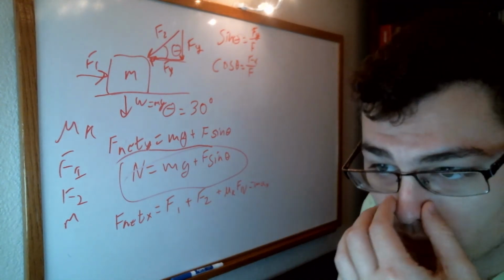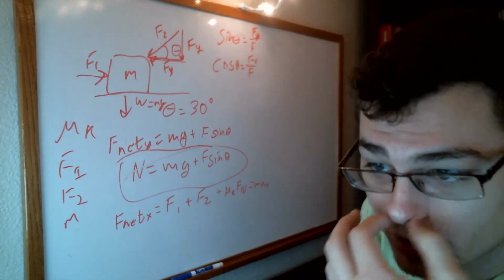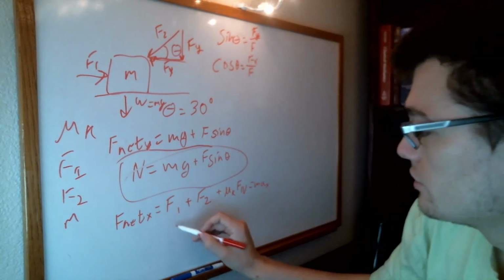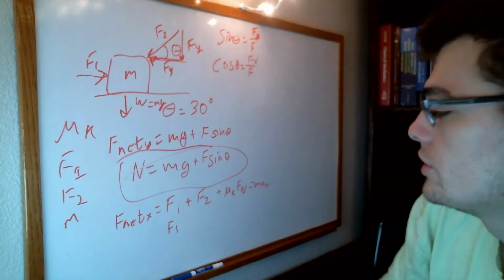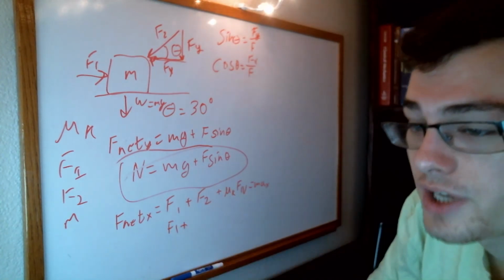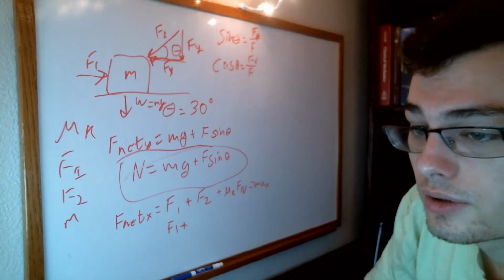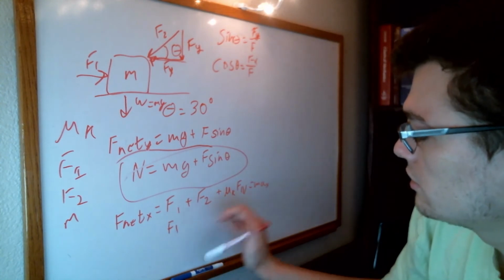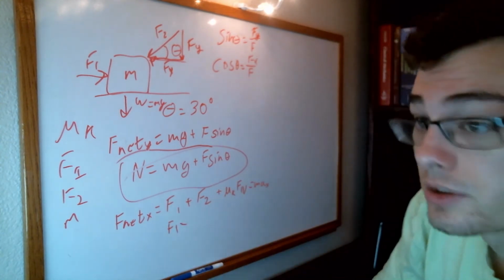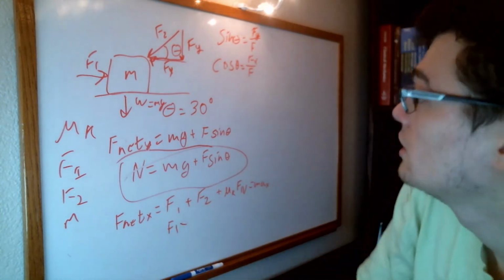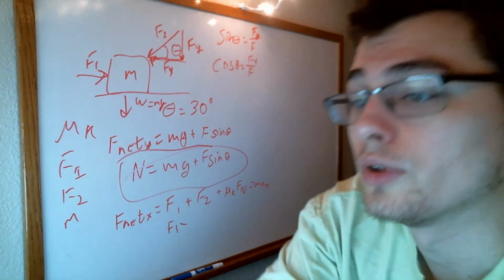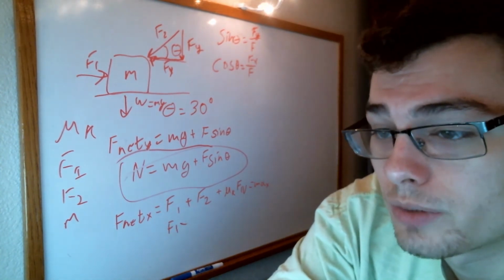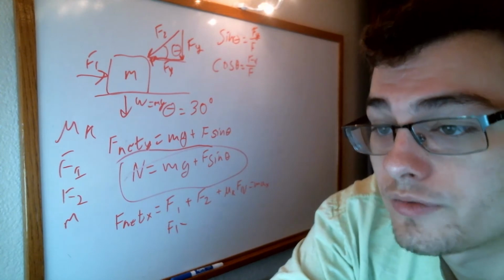So a couple things that we can do right off the bat. F1 is all in the horizontal, and so then plus F2, or we can say minus F2 because it's going to be in the opposite direction. One thing we should do first is compare F1 and F2.